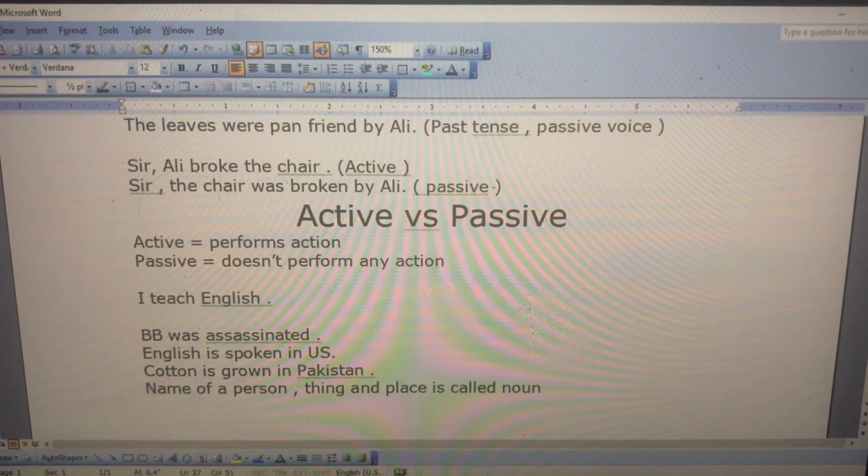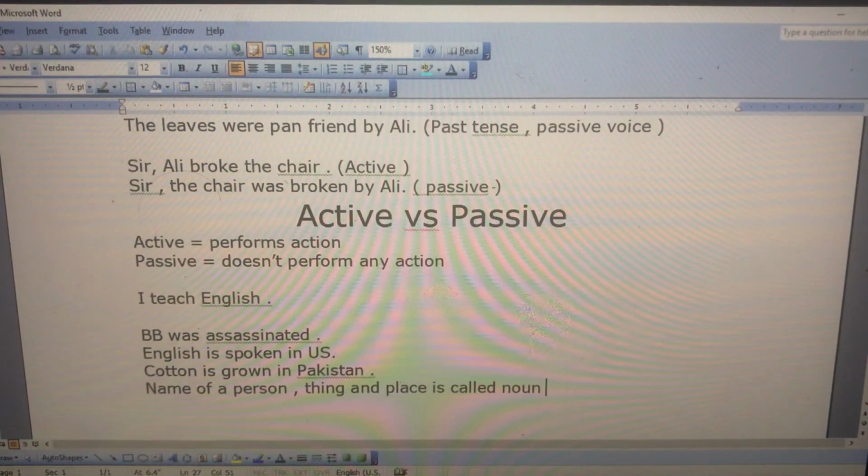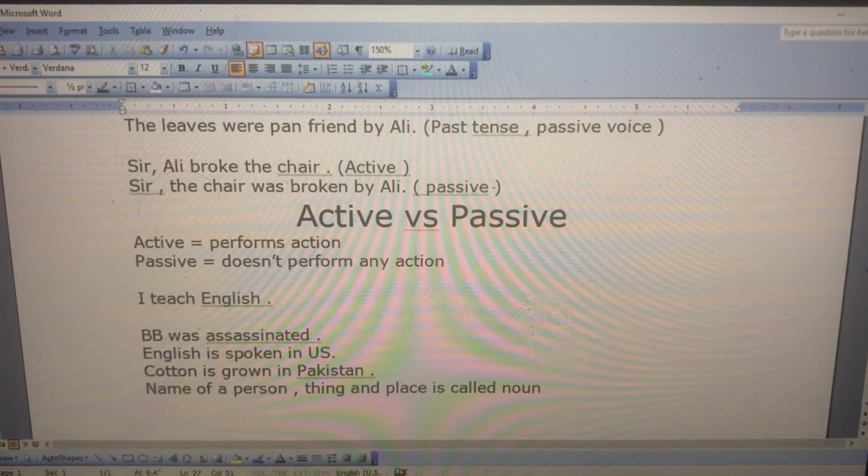Name of a person, place, and thing is called noun. Who calls it noun? We do not know. It's also passive voice. Subject is not clear. Performer is not clear. It's not active. It is passive.